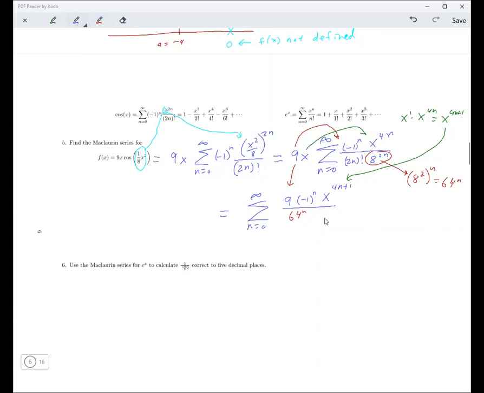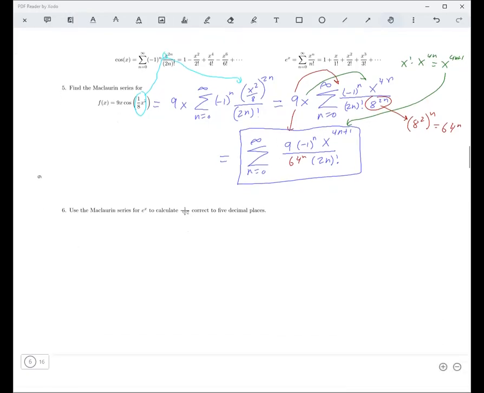And then you've got this 2n factorial, like that. And so that should work. And the radius of convergence is going to be infinity, just because the radius of convergence for cosine is infinity. Okay, great. So there's that.